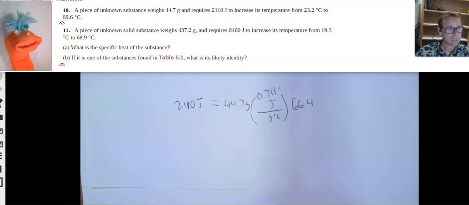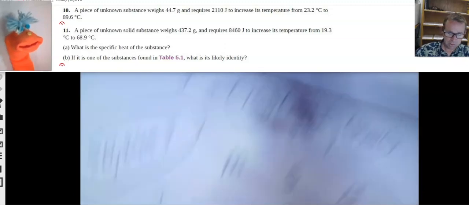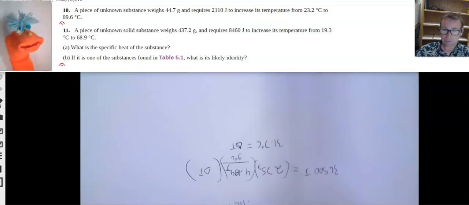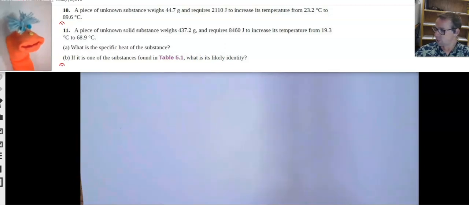So you see how we took a piece of unknown substance and we found its specific heat. There could be other materials that have that specific heat. It's not unlikely, but there's not going to be an infinite number of materials that have that specific heat. Okay.